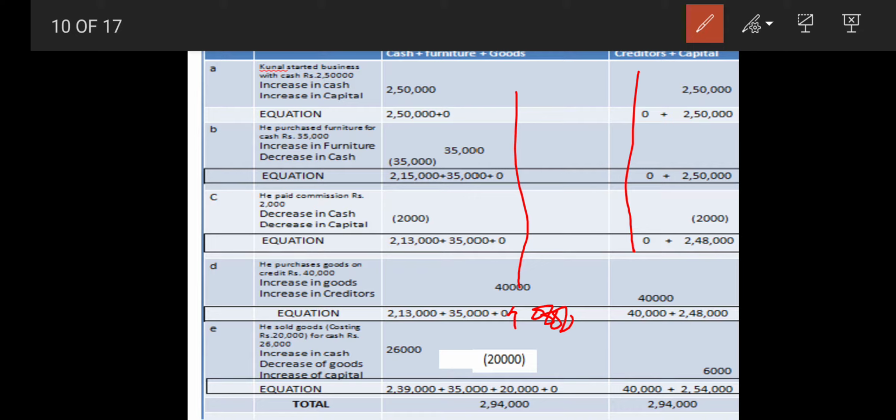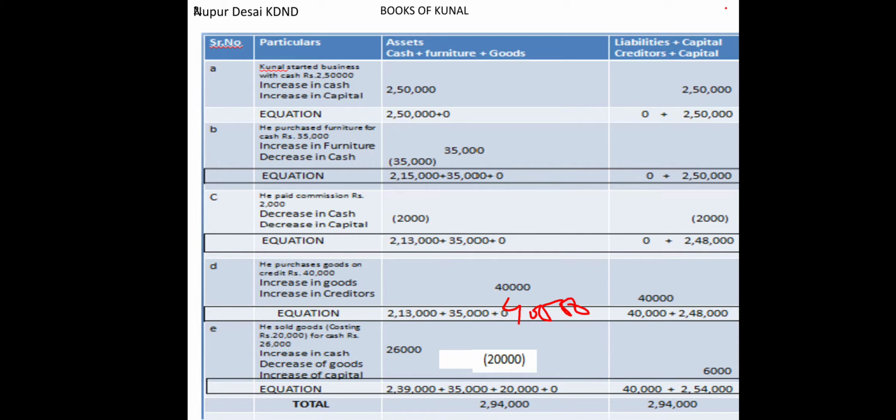And now comes your next point, that is he sold goods costing 20,000 for rupees 26,000. So here we have sold them, so goods decrease by 20,000, your cash increases by 26,000, because here they had sold this for cash only, and overall there will be a profit.